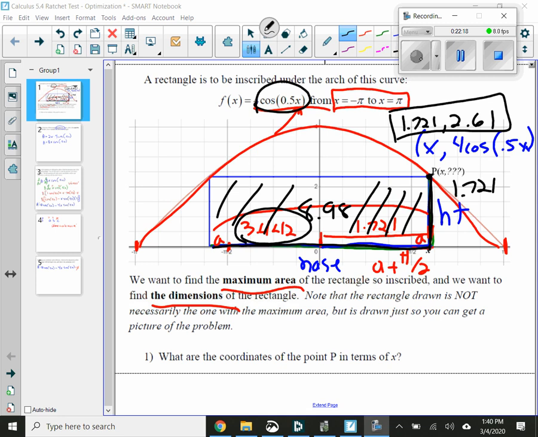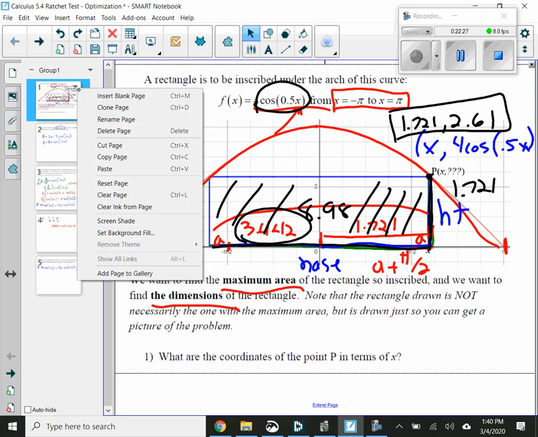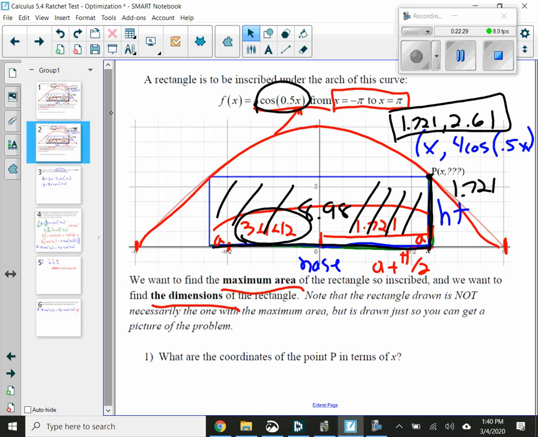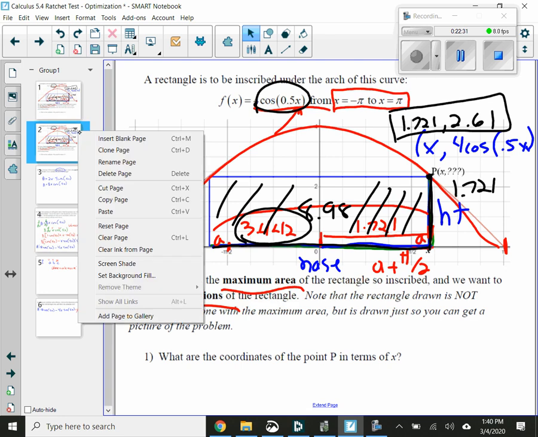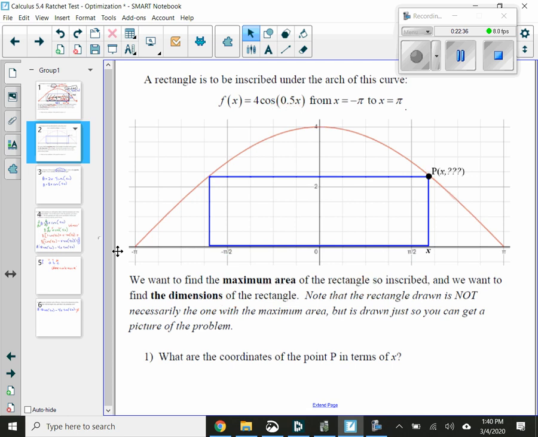Well, that's an interesting question. Let me clone this page, and let's just clear the ink off of this so we can see it more clearly. We were looking at this is x, and this is half of our base, but this is our height.